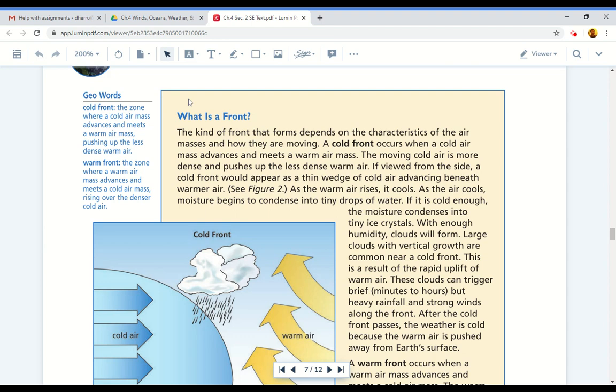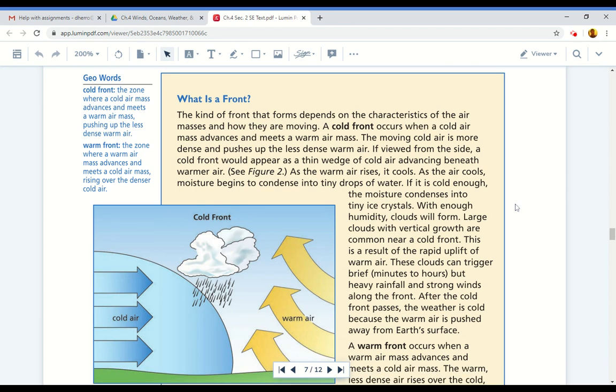What is a front? The kind of front that forms depends on the characteristics of the air masses and how they are moving. A cold front occurs when a cold air mass advances and meets a warm air mass. The moving cold air is more dense and pushes up the less dense warm air.